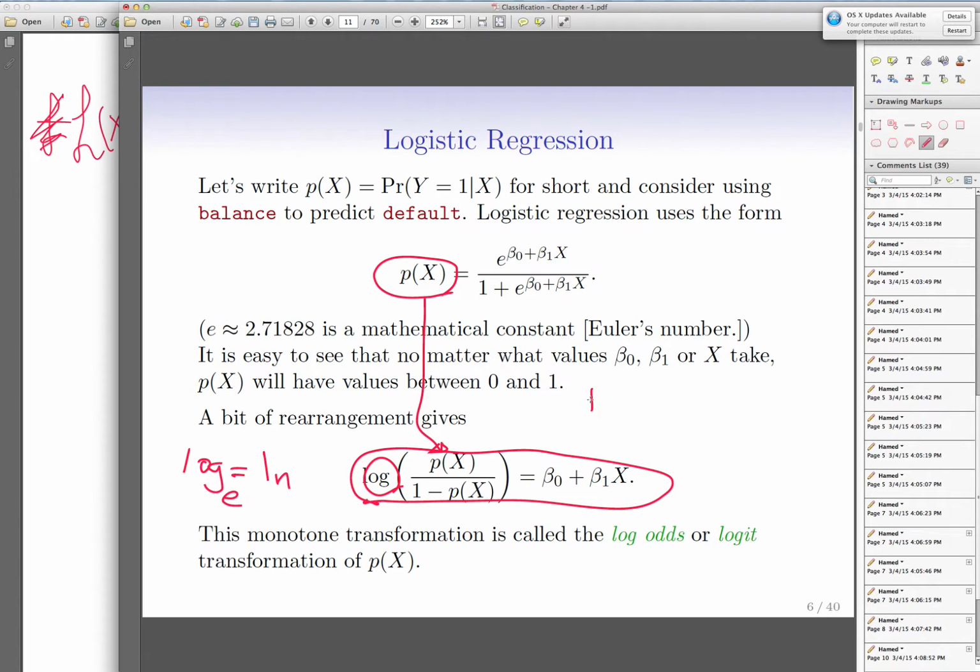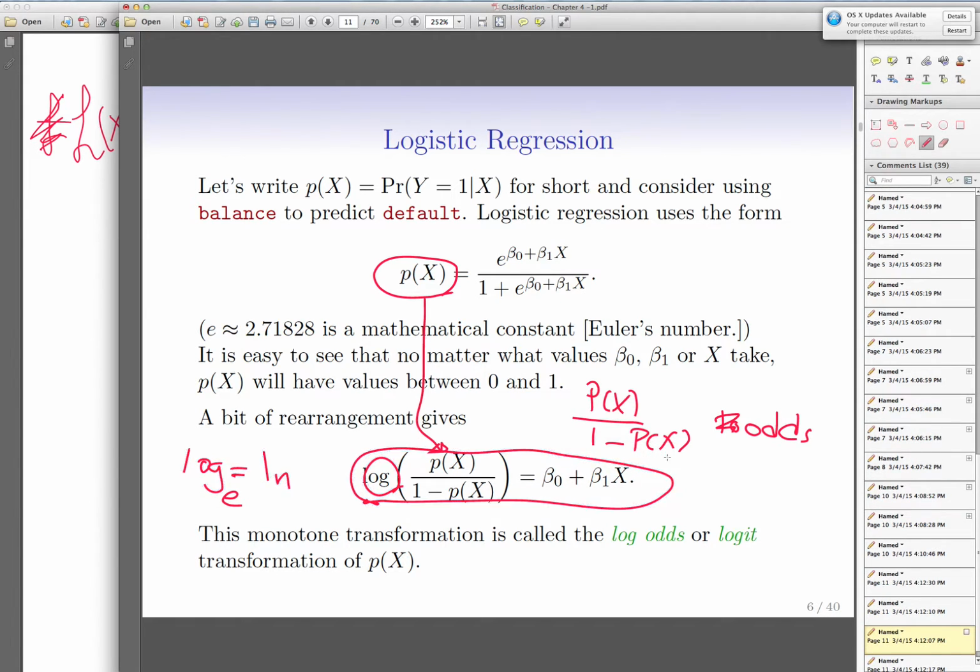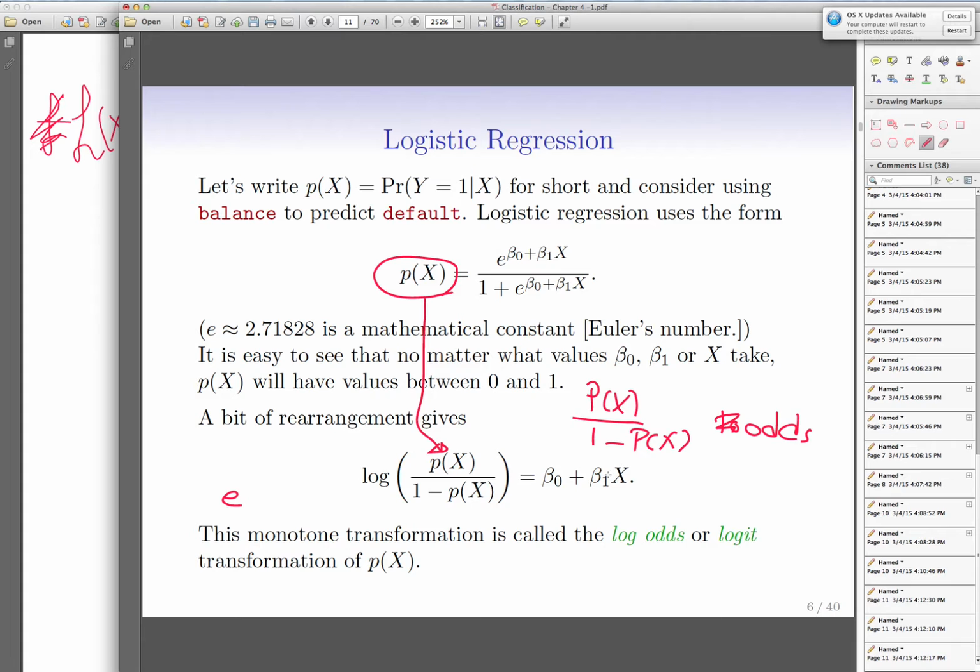And px divided by 1 minus px is called odds. So basically, log odds is a linear function of our predictors. So it has that beautiful linear shape that we were looking for.